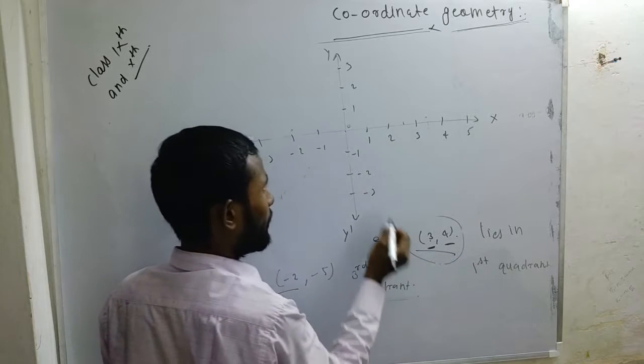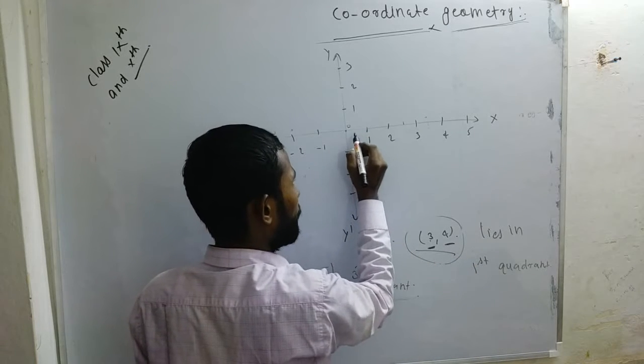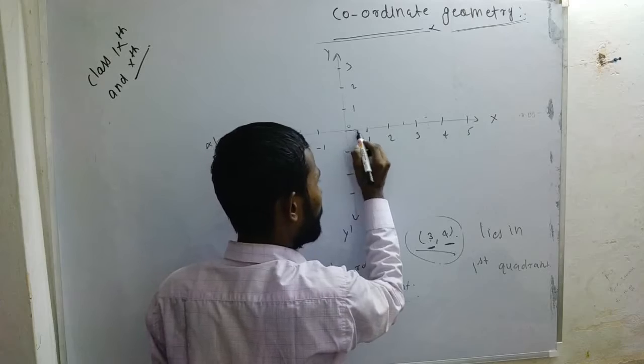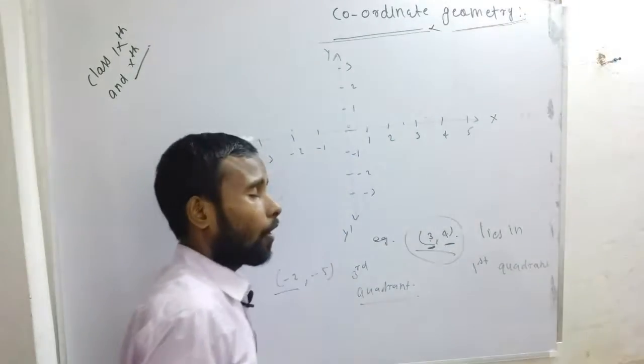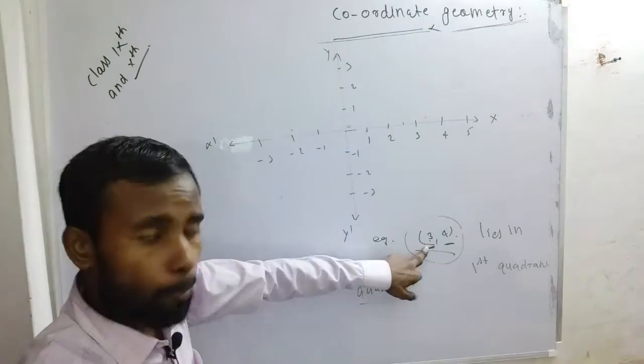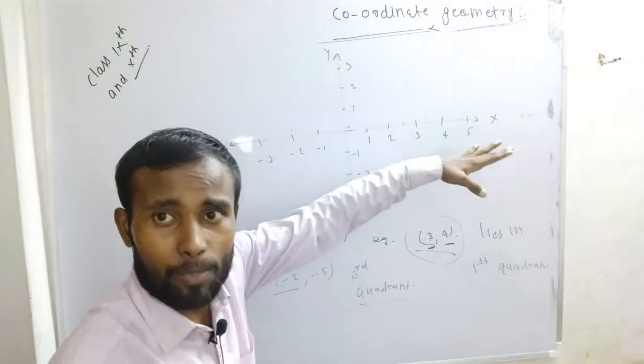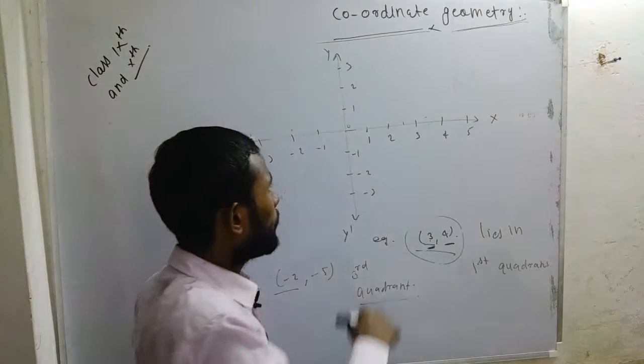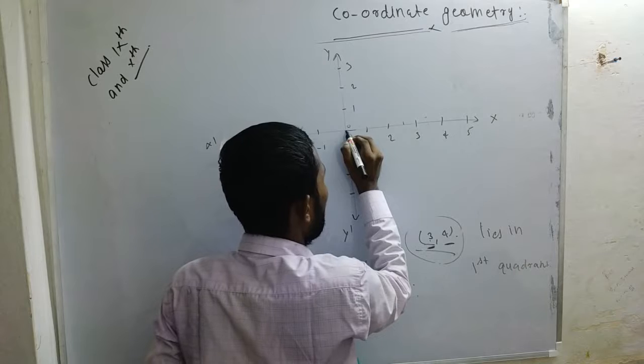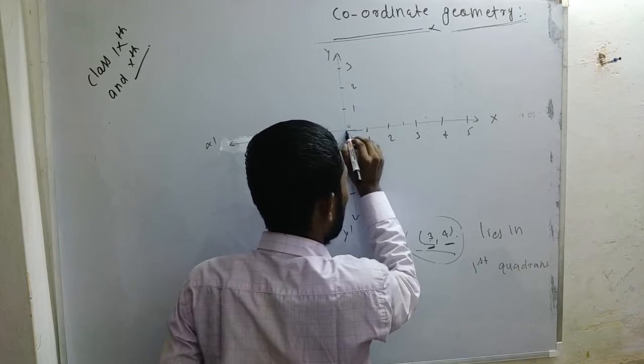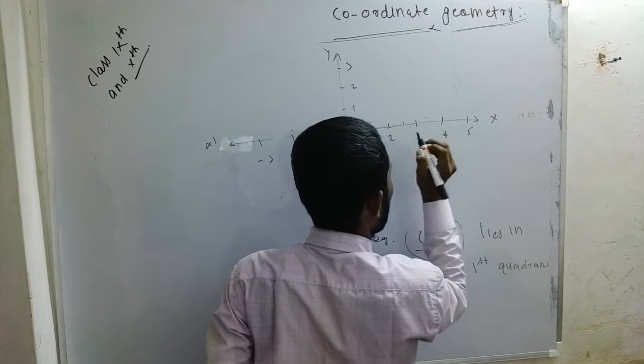For the point 3, 4, firstly from the origin in the rightward direction, 3 is positive, so it lies on the x-axis from the origin in the rightward direction. So we go from the origin in the rightward direction up to 3.